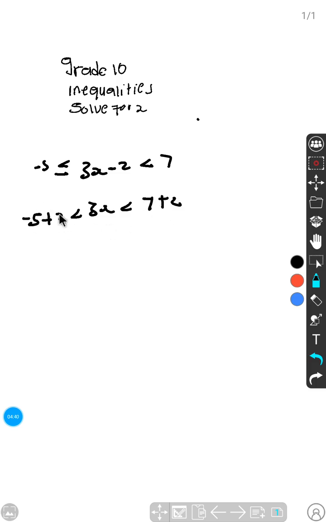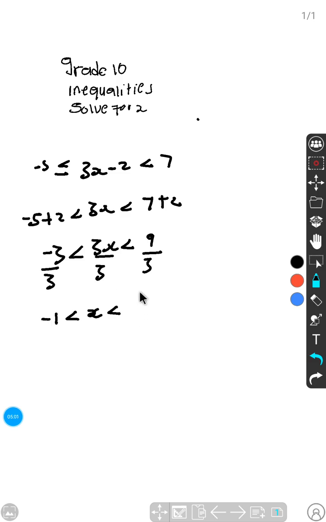So minus 5 plus 2 is going to be minus 3 less than 3x, which is less than 9. Sorry, 7 plus 2 is going to be 9. Okay, then we divide all of the sides by 3. Then we're going to have minus 1, x, 3. So x is greater than minus 1 but less than 3.